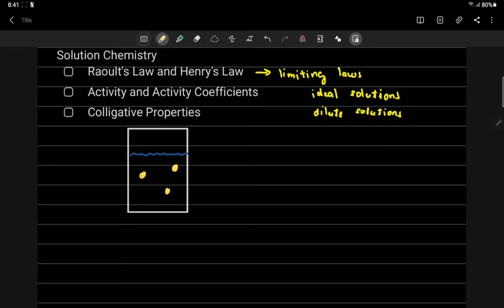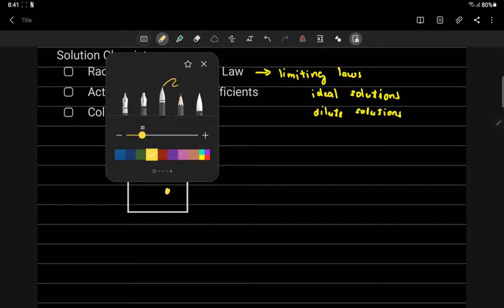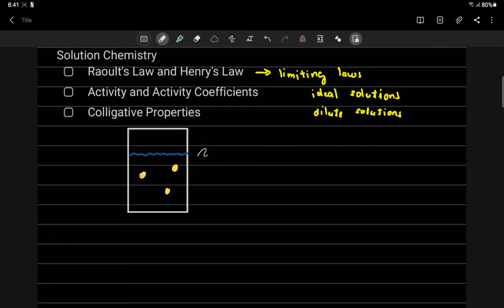Okay, what I'm doing really here is we want to designate kung alin yung solvent tsaka kung alin yung solute. So pag sabihin nating solvent, siya yung mas nakakarami doon sa ating mixture. Right? So yung ating solvent will be this one. This is the solvent. And yung solute natin is itong mga to.